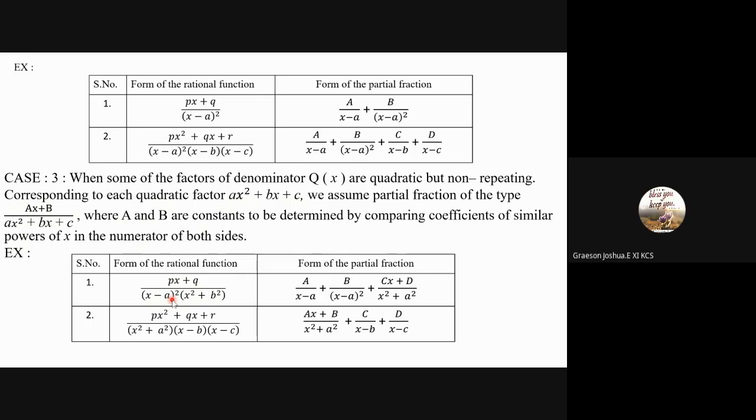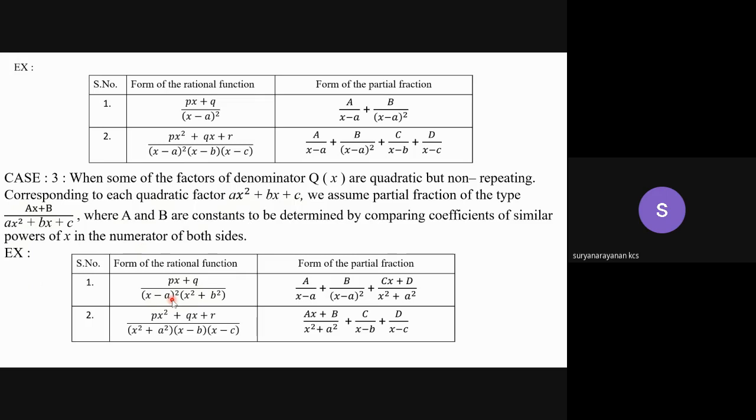Yes, sir. Tell me, what is the degree of the numerator? 1, sir. What is the degree of the denominator? 4, sir. Very good. Degree of the numerator is 1 and the degree of the denominator is 4.